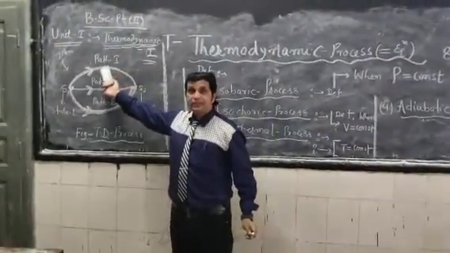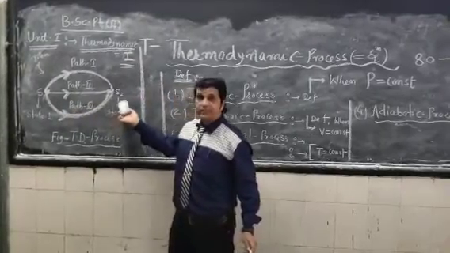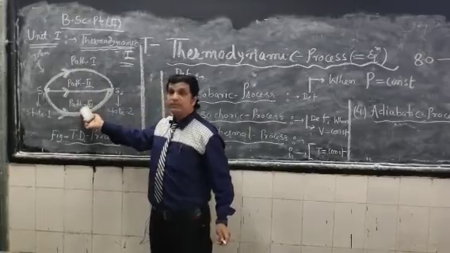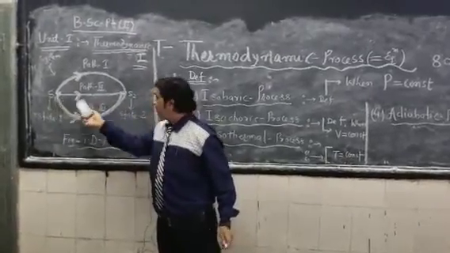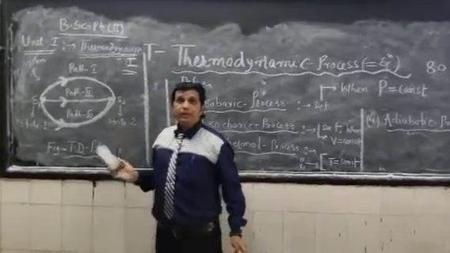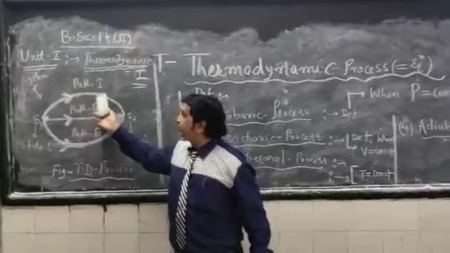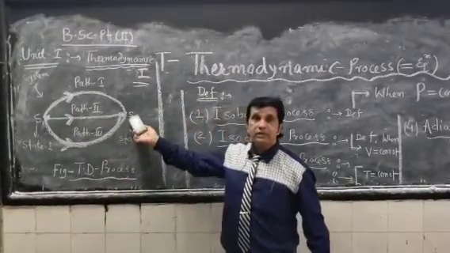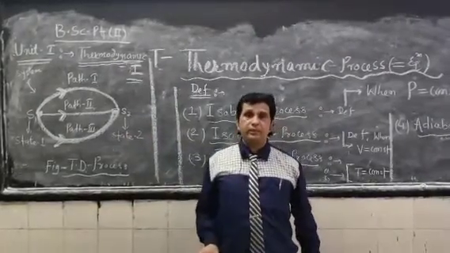Any system is undergoing a change from state S1 to state S2 via path 1, path 2, path 3. The system starts from state S1 and goes by various routes and various paths, and is completed at state S2.